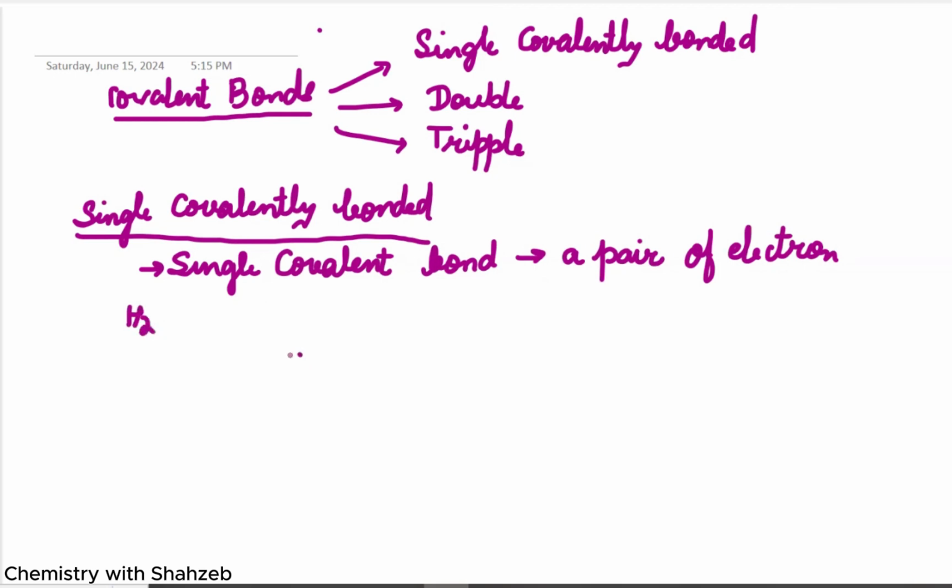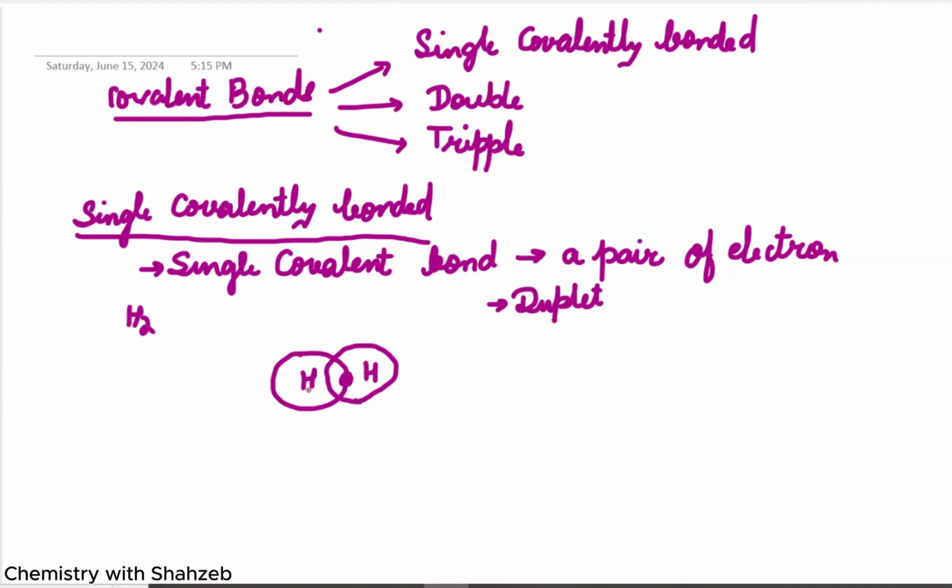Hydrogen has how many electrons in its outermost shell? It has only one electron in its outermost shell, and it needs only one more electron as it wants to complete its duplet. So it is going to make a bond with another hydrogen like this.